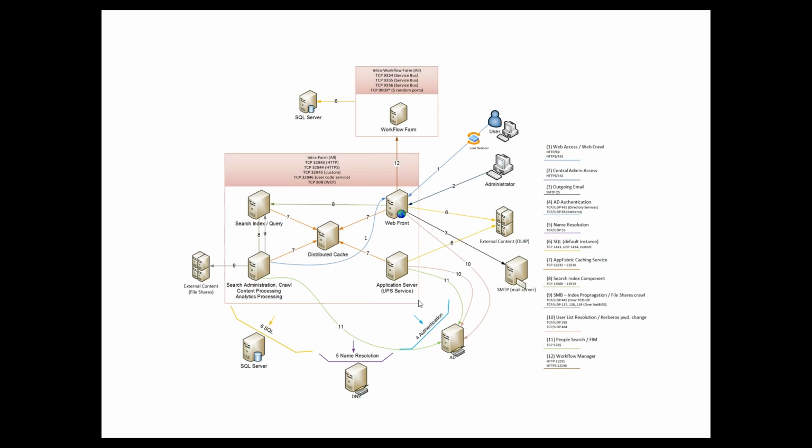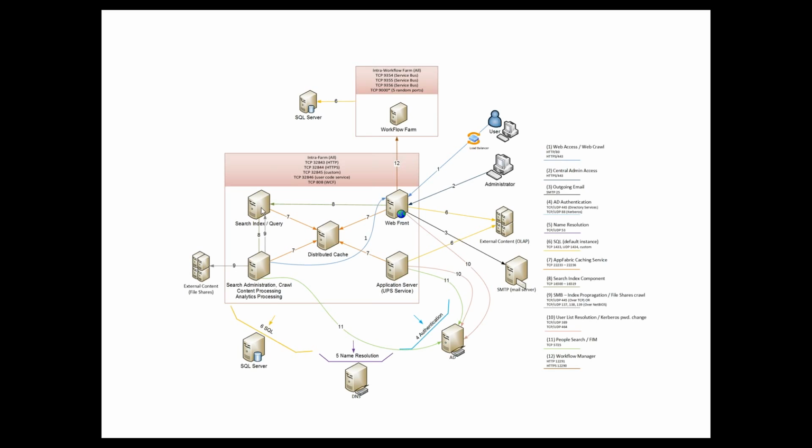You can see in this slide that I've got here, this box represents the farm itself. So within this box right here are the servers that have SharePoint installed on them. And then outside the box, we've got other different servers that serve different roles. For example, we've got Active Directory, DNS, and our SQL servers all right down here. And then we've also got external content and file shares and things like that that may be talking to SharePoint if you've got that set up.